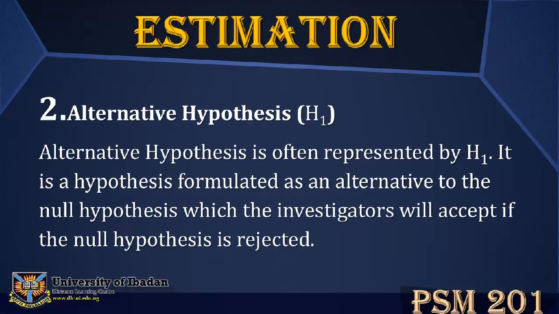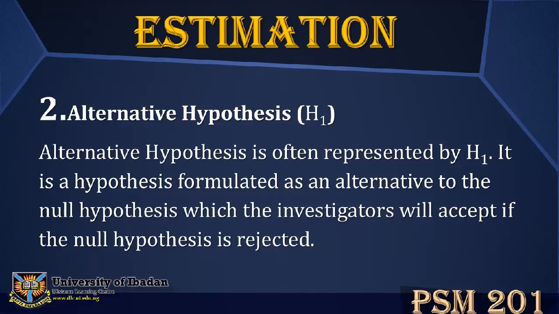Alternative hypothesis, H1. Alternative hypothesis is often represented by H1. It is a hypothesis formulated as an alternative to the null hypothesis, which the investigator will accept if the null hypothesis is rejected. It is usually the same as a research question or hypothesis, which we either reject or accept, H1.